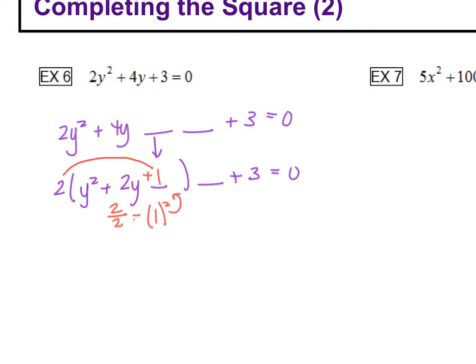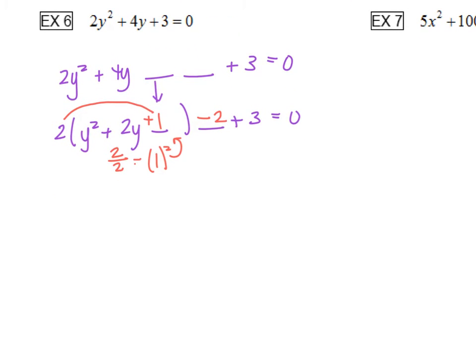So even though I wrote down +1, I've actually added in a value of 2 times 1. So 2 times 1 is 2, and I have to counterbalance that. So I'm going to subtract 2. We will hopefully have another example like that, so we can look at that again.